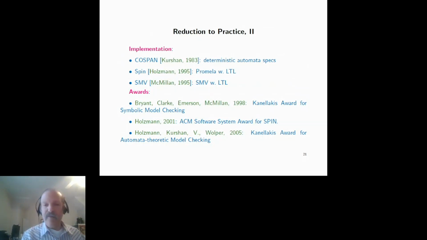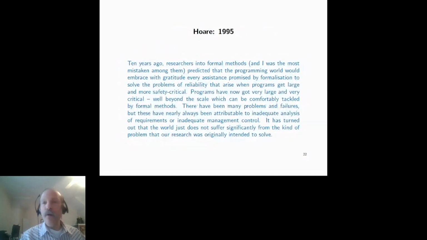Now, interestingly, all this development is happening, and I think Tony Hoare was not much aware of it, because in 1995, in a workshop paper, he issues a kind of apology. Ten years ago, he writes, researchers in formal methods, and I was the most mistaken among them, predicted that the programming world would embrace with gratitude every assistance promised by formalization to solve the problem of reliability that arises when programs get large and more safety critical.